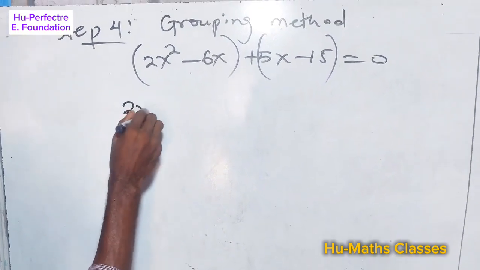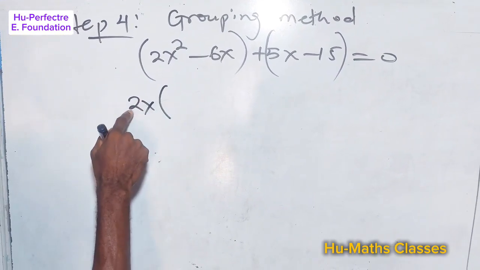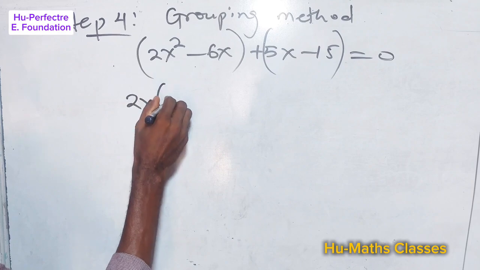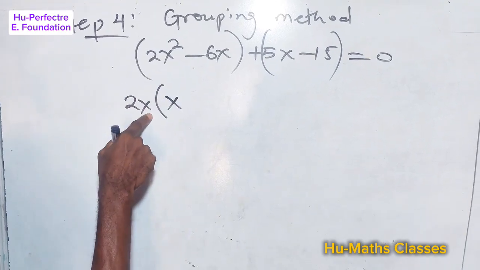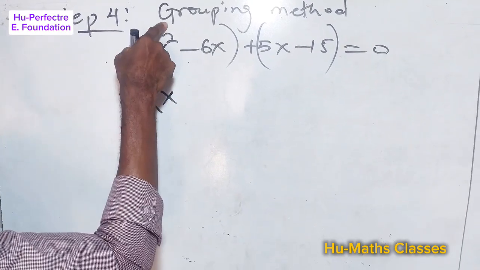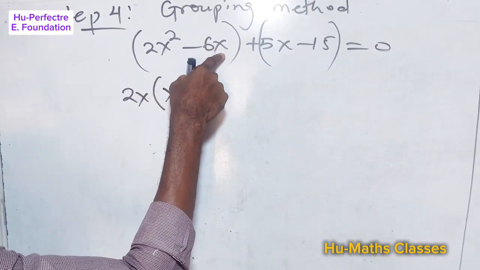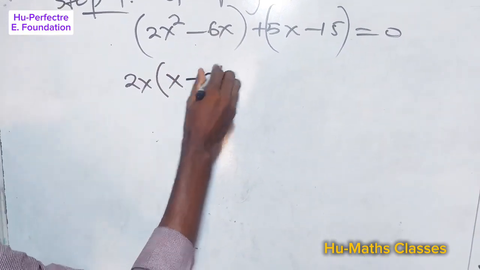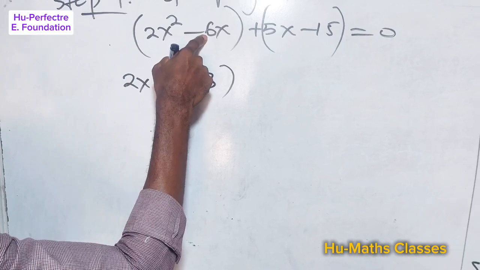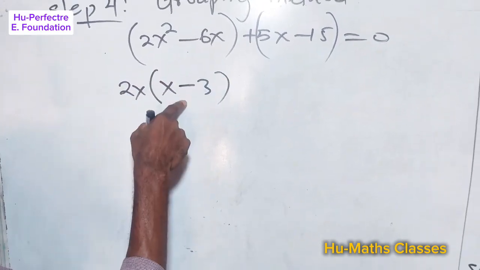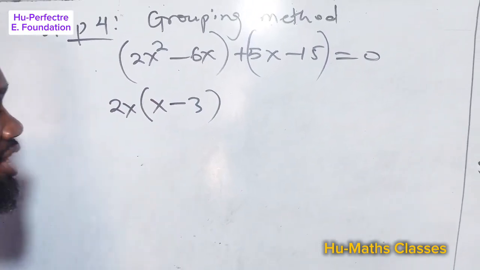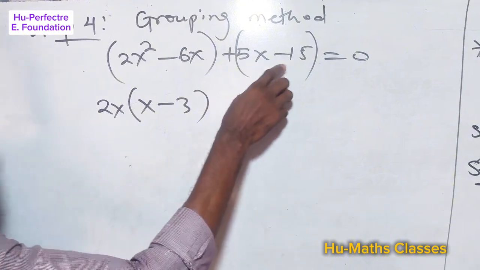So I'll write my 2x out, open the bracket, 2x into 2x squared, I'll be left with only x. When 2x as a factor goes into 2x raised to power 2, what is left is just x. 2x into minus 6x, my answer will be minus 3. 2 into 6 is 3, and x will cancel x, so your answer is minus 3. Now go to the next bracket, 5x and minus 15.